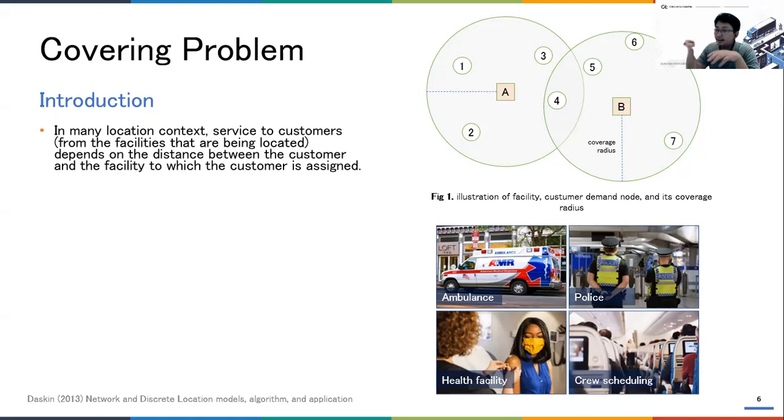You have several candidate locations, can be hospital A, can be hospital B. Now how do you define, if I open in location A, which area will be covered by that ambulance?